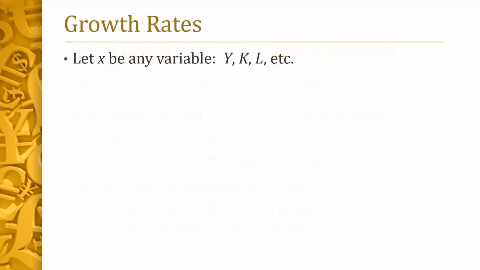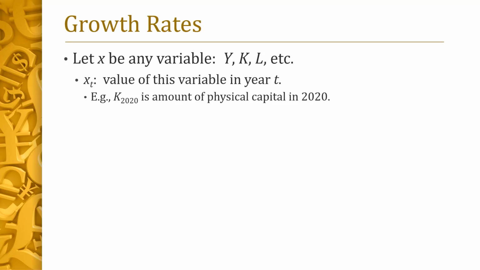We now turn to some basic mathematics of growth rates. Let X denote any variable that changes over time: output, physical capital, labor hours, and so on. Let X sub t be the value of X in year t. For example, K sub 2020 is the amount of physical capital in the year 2020.